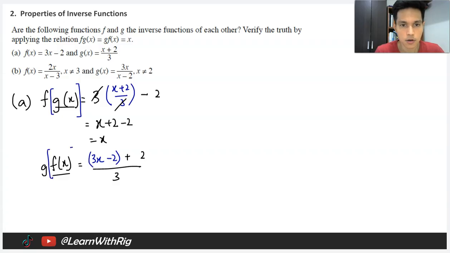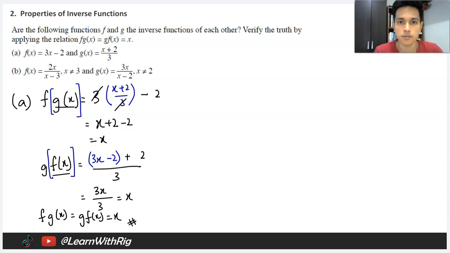Because this is the object. So you get 3x minus 2 plus 2, which is actually 0, so you divide by 3. Answer is x. So since f(g(x)) equals g(f(x)) equals x, therefore you can say that it fulfills the condition. So they are inverse of each other.